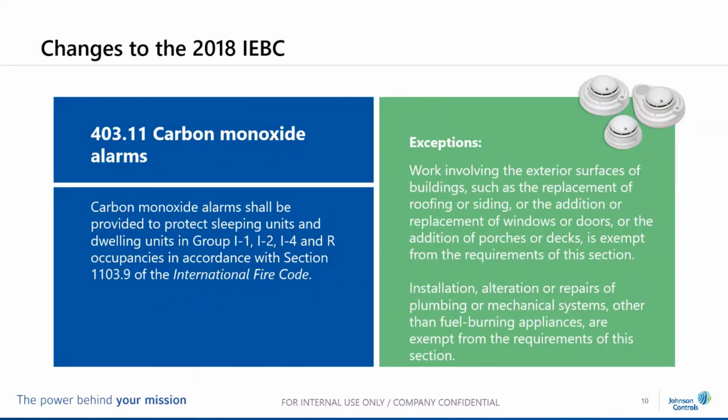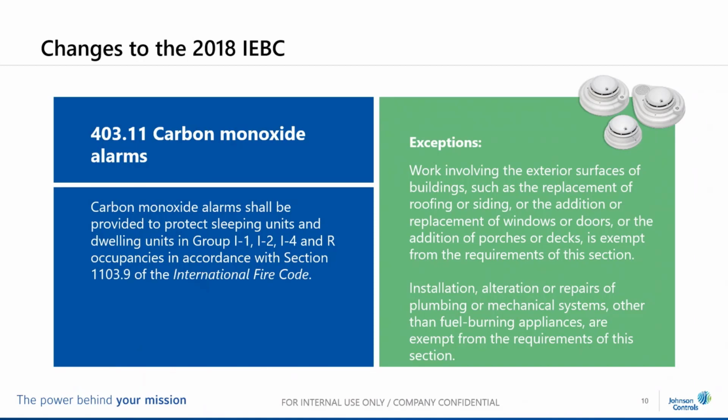Now in section 403.11, we have carbon monoxide alarms, and again, we're in the IEBC here, and it covers buildings that are undergoing alterations, and CO detection is now required in accordance with the fire code in assisted living facilities, hospitals, nursing homes, daycare buildings, and residential occupancies. You know, CO detection is really starting to become more and more of an issue for us.